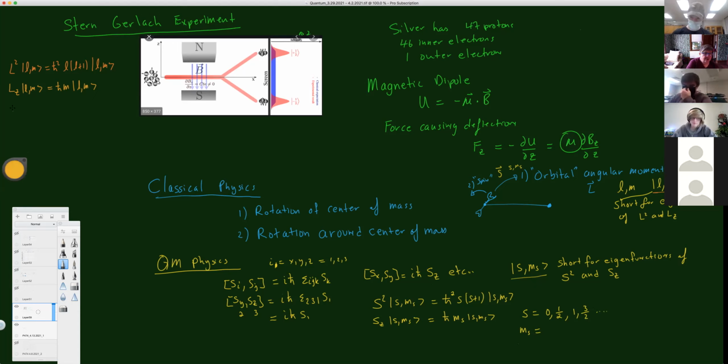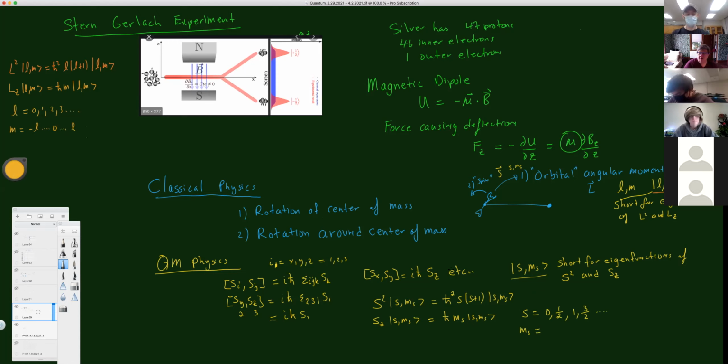So l can be 0, 1, 2, 3, and so on. And remember that m can go from minus l to 0 to l in integer steps.